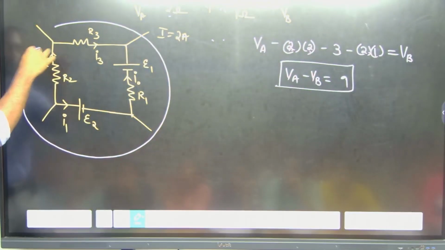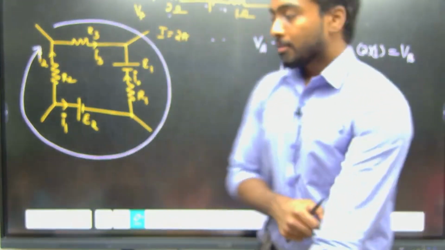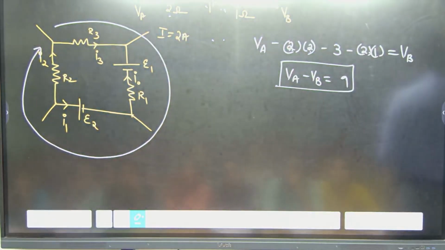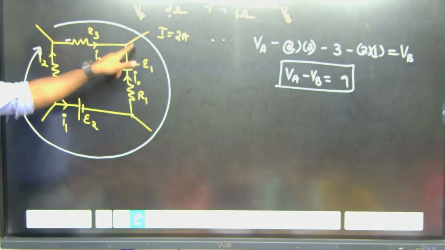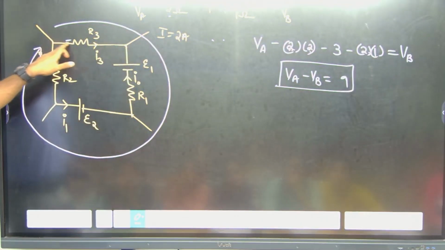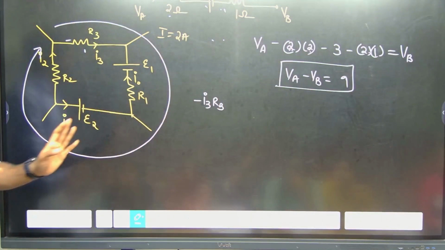This is my circular path. So the closed loop should be equal to 0. Now if I talk here, I am going in this direction. In this direction there is no potential, but resistance and current have been given. So I am going in the direction of current or opposite direction of the current? In the direction of current. So minus I3 R3. Leave it as it is.